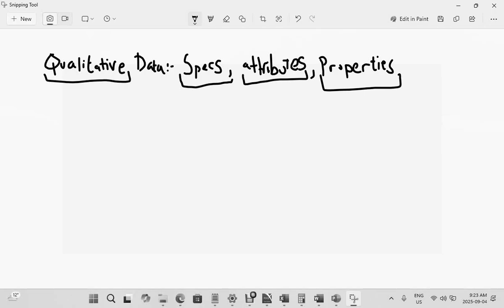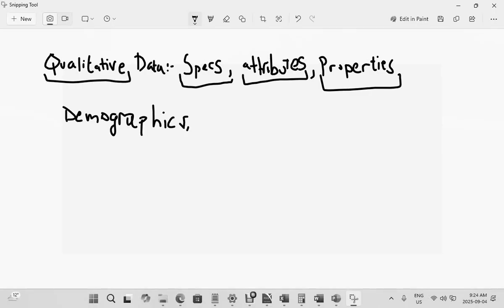So in terms of population, if you try to collect information or data about a given population in a given country, qualitative data would be things like demographics. It has to do with the size of population, maybe.